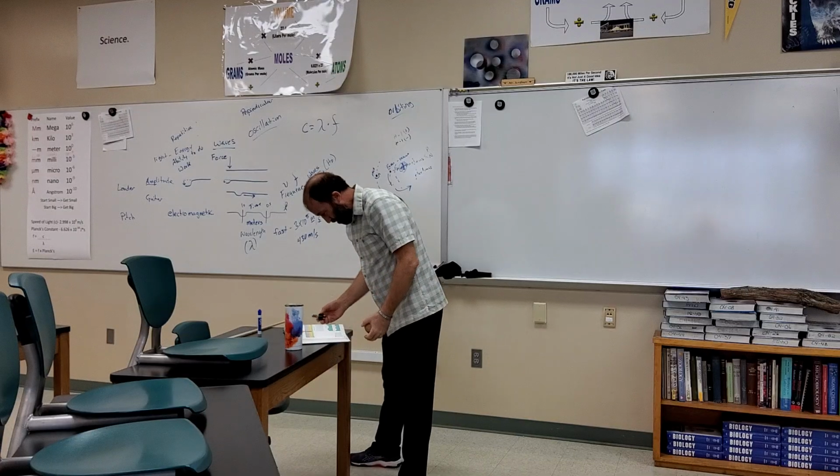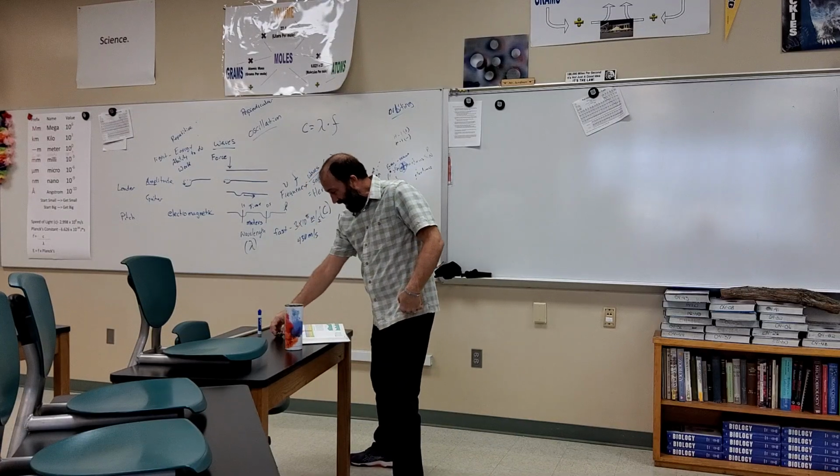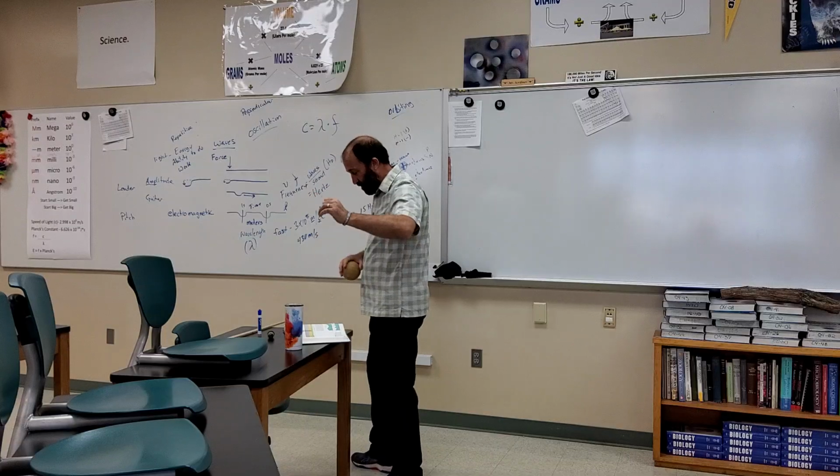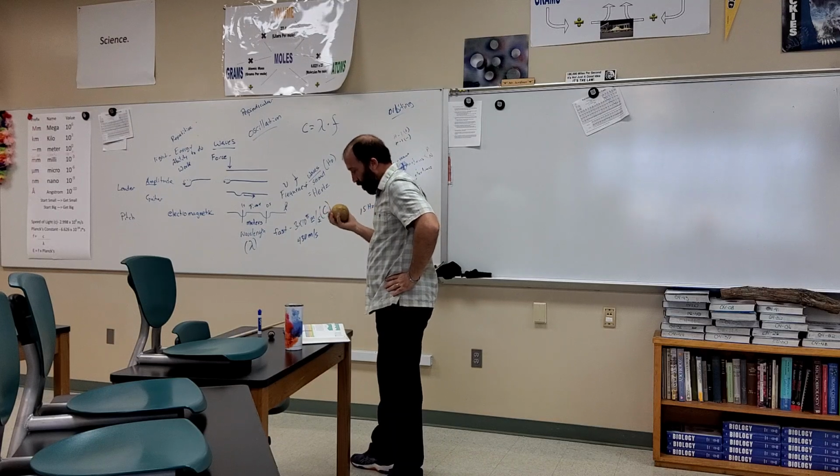So I've got light with a particular frequency and light with another frequency, and for a given metal, no electrons were emitted if the light's frequency was below a certain minimum.